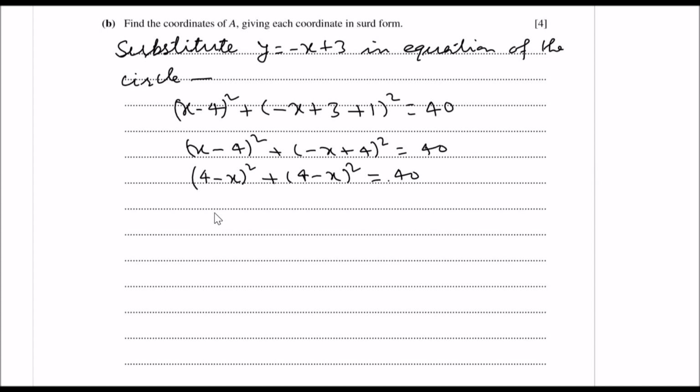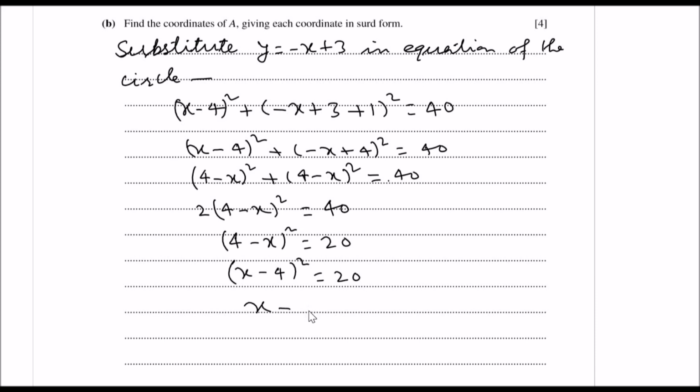Now we can write 2 times (4 minus x) square equal to 40, or (4 minus x) whole square is equal to 20. So let us write properly: (x minus 4) whole square is equal to 20.